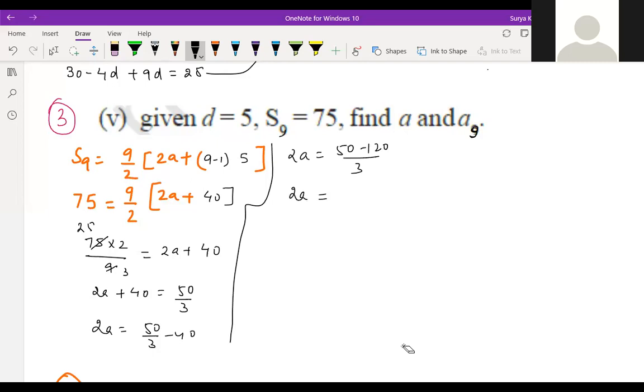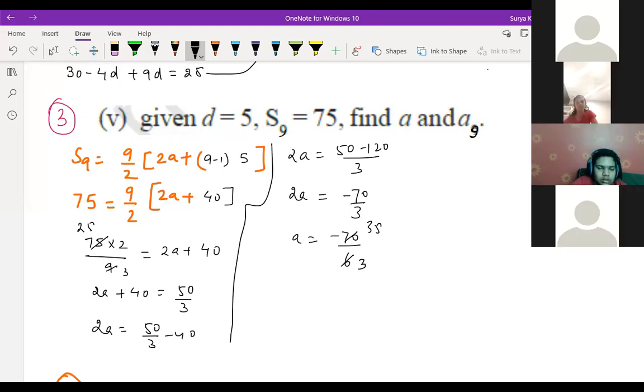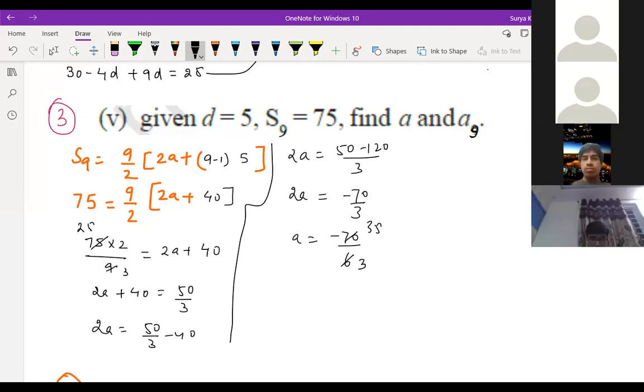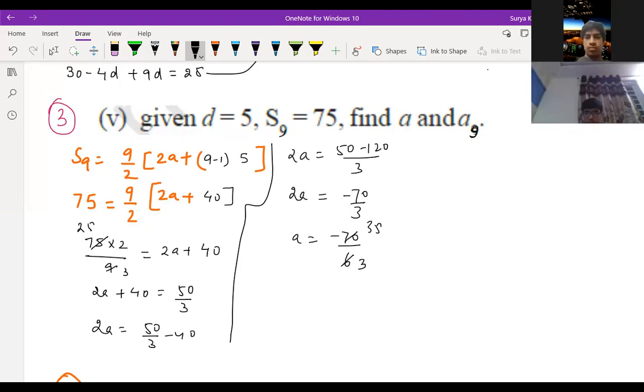So 2a is equal to minus 70 by 3. A is equal to minus 70 by 6, so minus 35 by 3. Are you getting the same thing, Drishi? Drishi, are you getting the same answer? Rasool, are you getting the same answer?